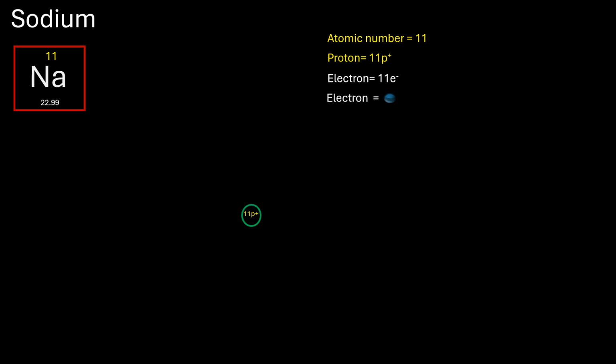All right, so this is the nucleus of the atom where we expect to find the protons and the neutrons. We do not show the neutrons for simplicity. And this is the first energy level. The first energy level can have a maximum number of 2 electrons.